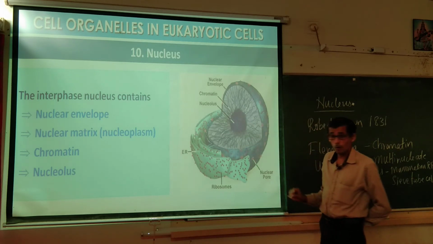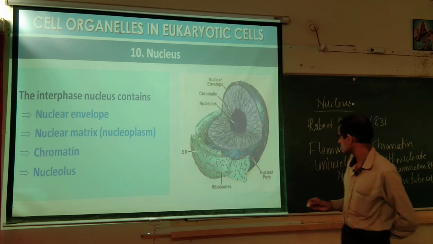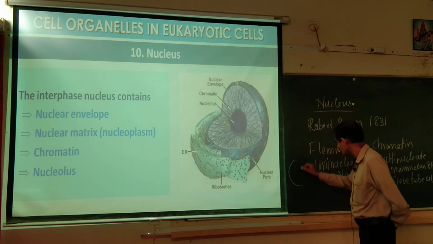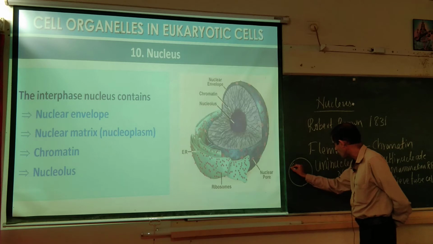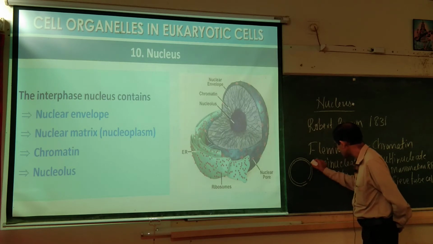The nuclear pore is present. In the nuclear envelope we can observe openings, called nuclear pores. When we draw the nucleus, we make the structure like this: one membrane followed by another membrane, and here you can make out the small openings here and there.